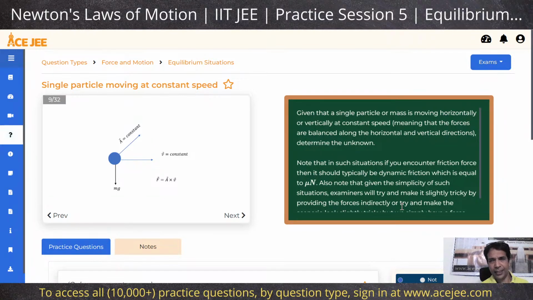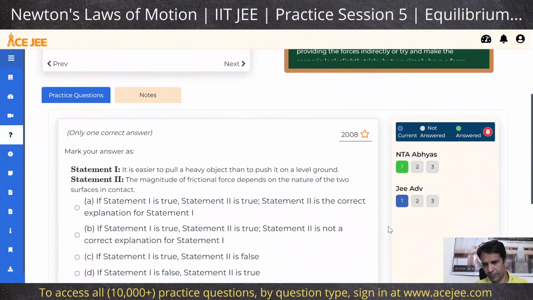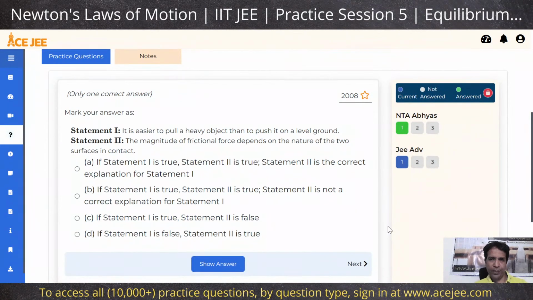Yes, beta? The acceleration would be 0, which means that the sum of all the forces acting on the particle must be 0 as well, along the x direction, along the y direction, along the z direction. Okay? So can we straight away jump into the question?